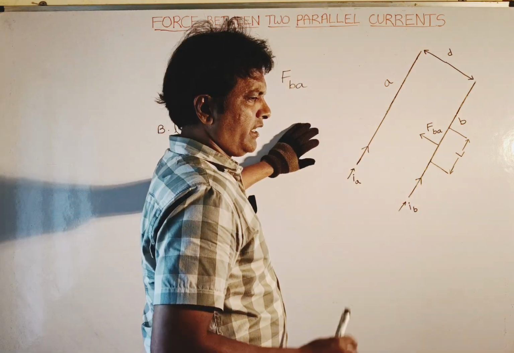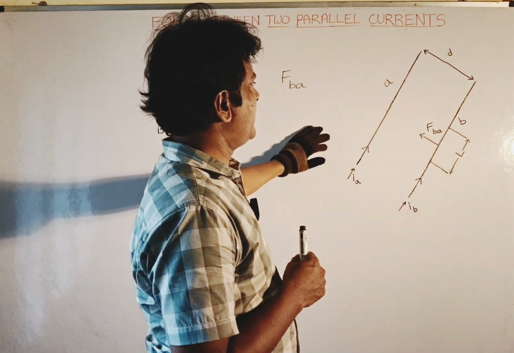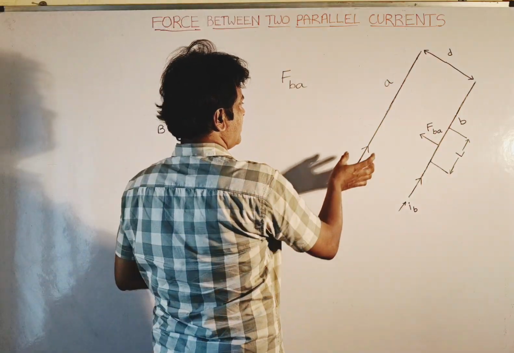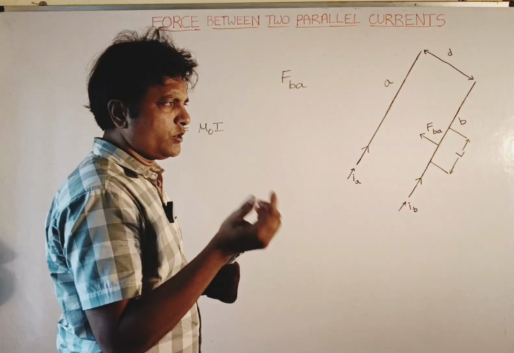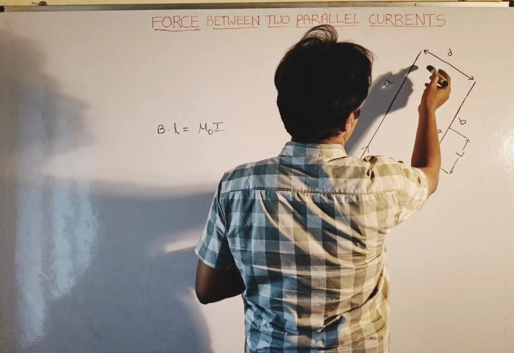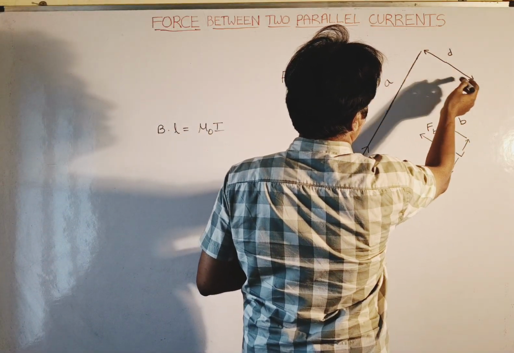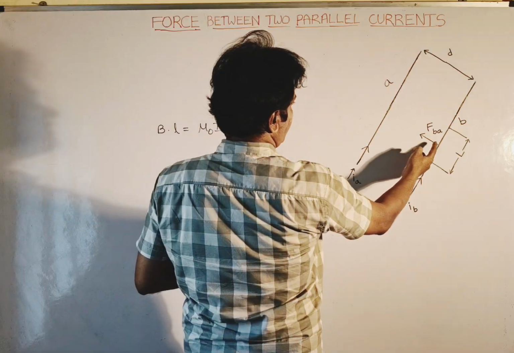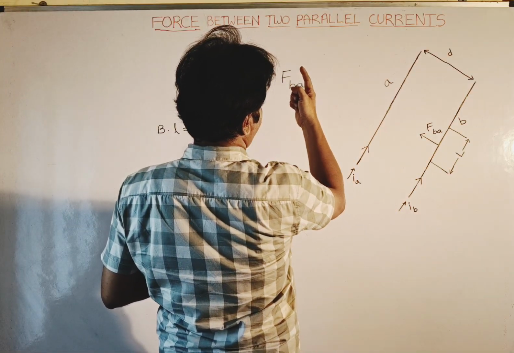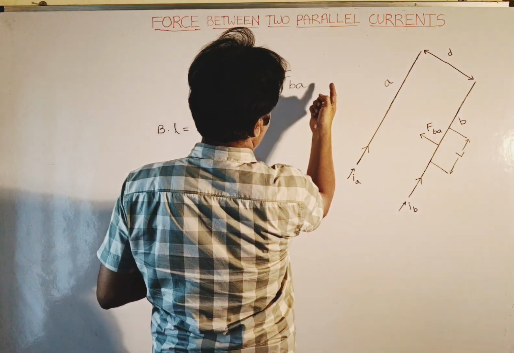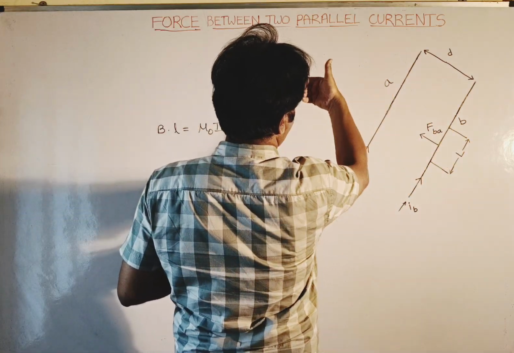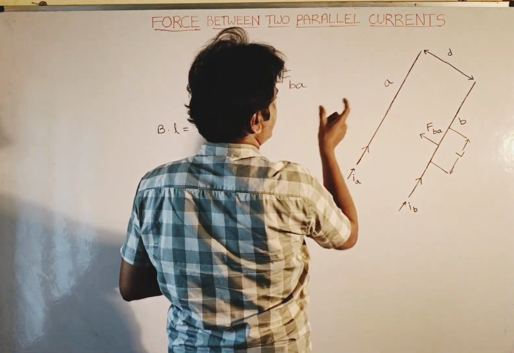So see, to calculate the magnetic field using Ampere circuital law about this conductor, we need to imagine a loop. What is the radius of that loop? That must be length d. So that loop will actually go like this into the board, and here coming out of the board, the loop will be around this conductor.